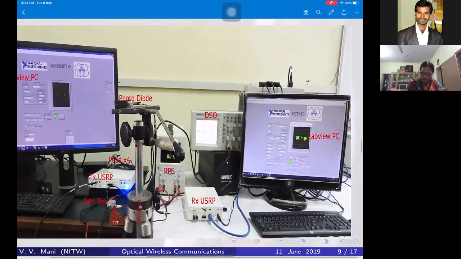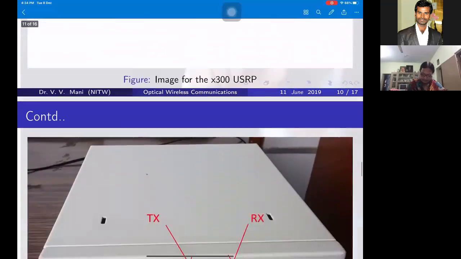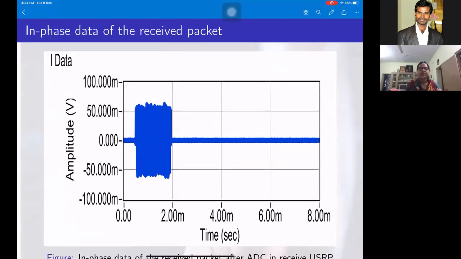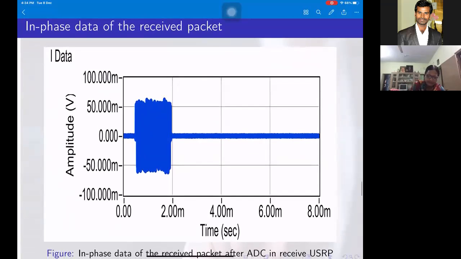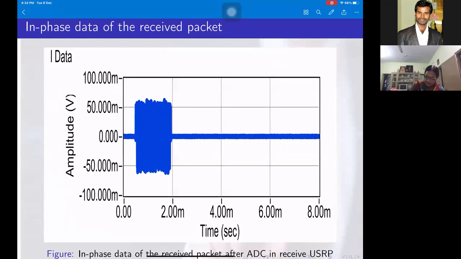But we use a timing algorithm to decode our outputs. There is a delay in the reception, and we identified how much delay there is. From there, we started our decoding. So here we used a blind timing synchronization algorithm.